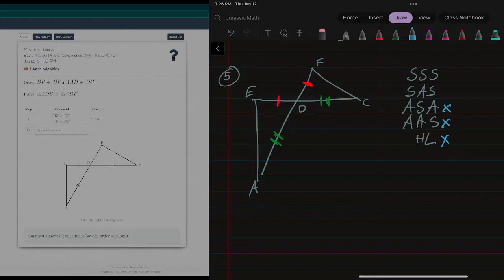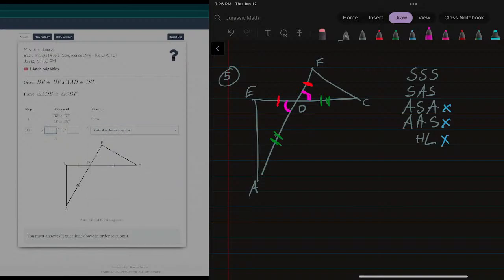So now I need to either find another side or another angle. Since I've already used both of the givens, that means the only possible answer has to be something that is obvious. Well, what is obvious is going to be these two angles right here. They are across from each other, so they are vertical. So I'm going to say two angles are congruent because of vertical angles.